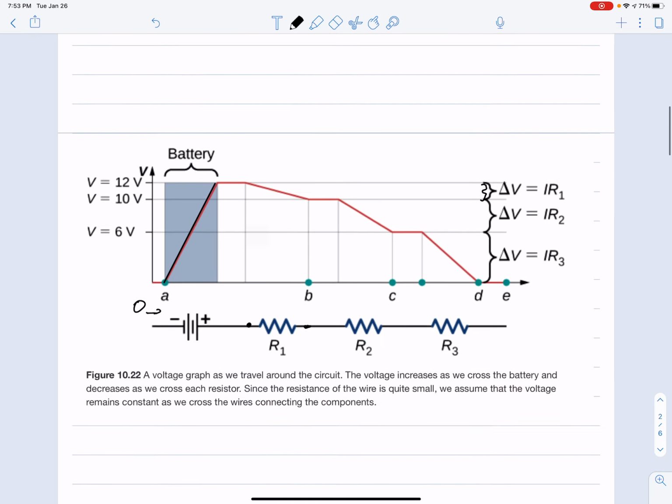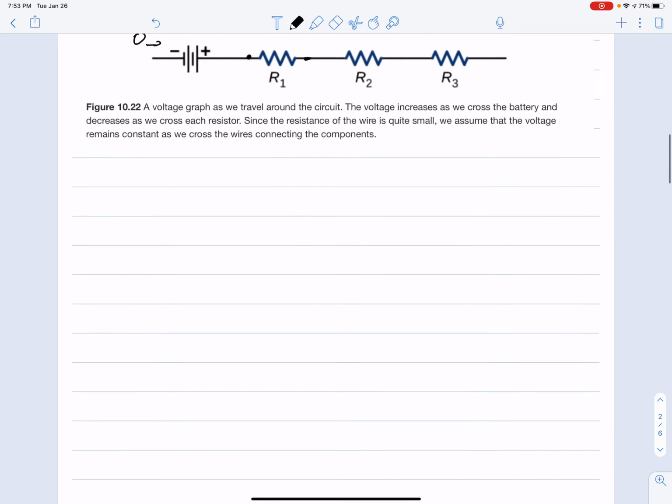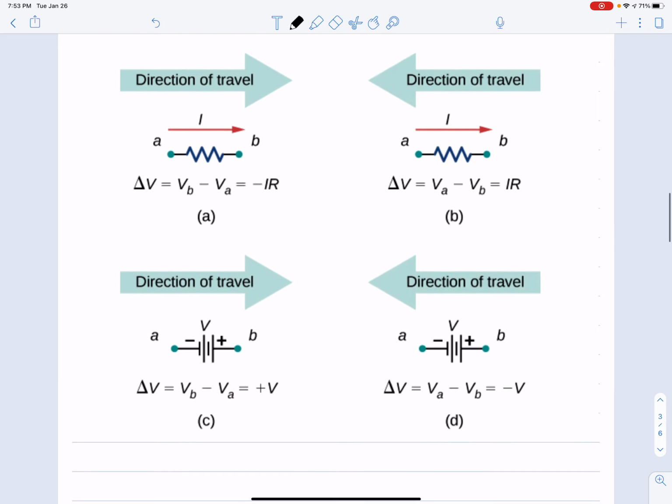All right. So now that I talked to you a little bit about that, let's talk about this matter. The direction of travel is with the direction of the loop, right? And following the current as well.